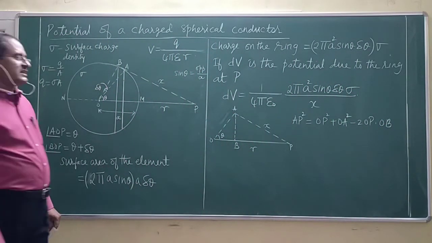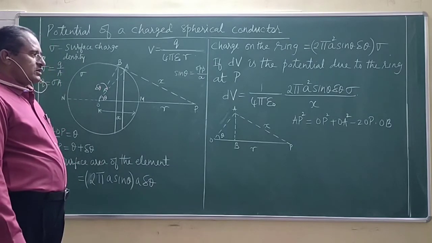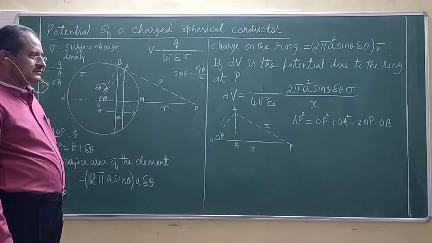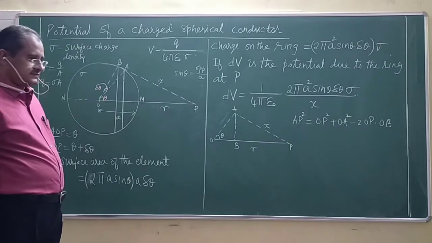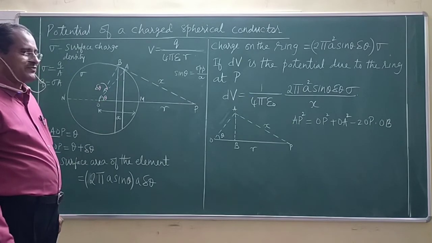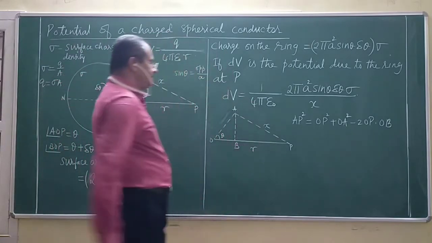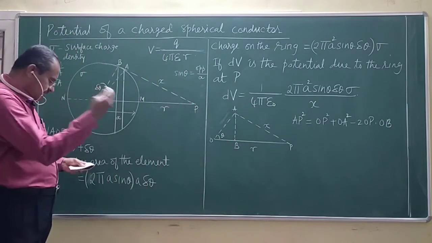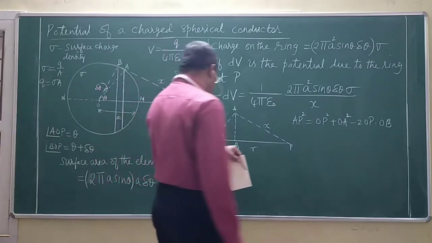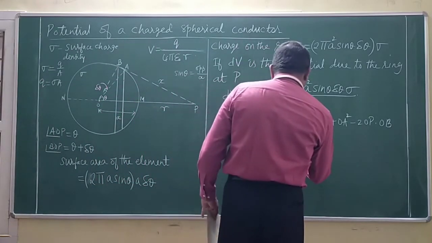This is basic geometry. If you are not in a position to understand this, please flip through pages of 10th standard geometry. Let me now substitute. AP is x squared.